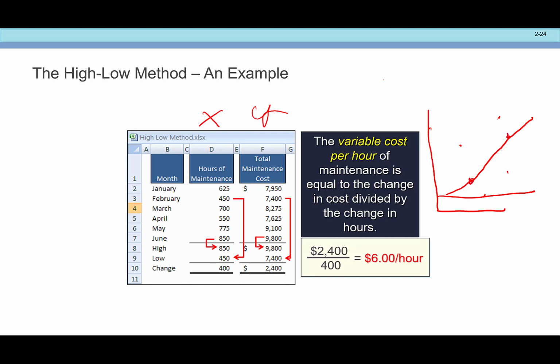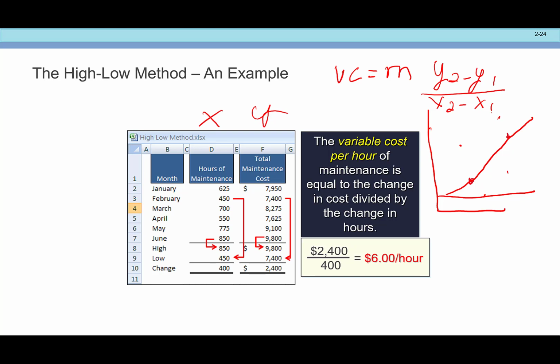Our variable costs are going to be consistent with the slope of the line, M, aren't they? To get the slope of a line, you take y2 minus y1, and you divide that by x2 minus x1. That's how you come up with the slope.